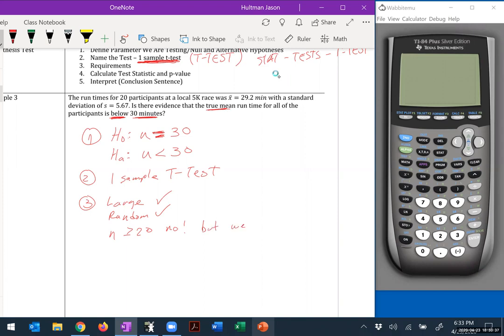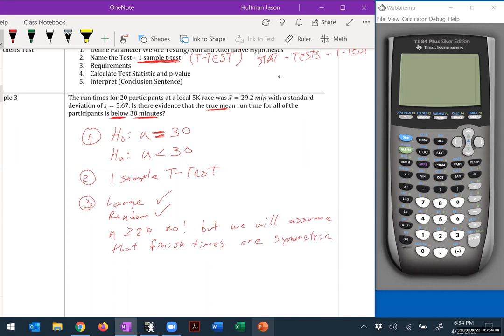we will assume in this case that finish times are symmetric.